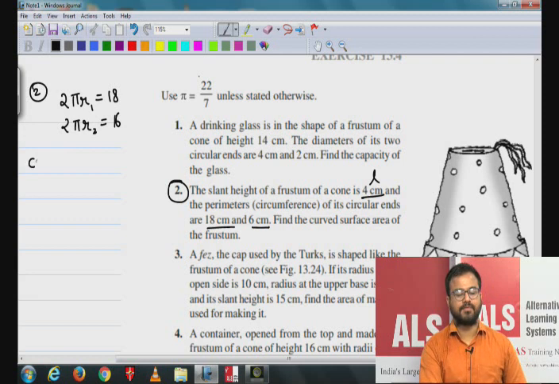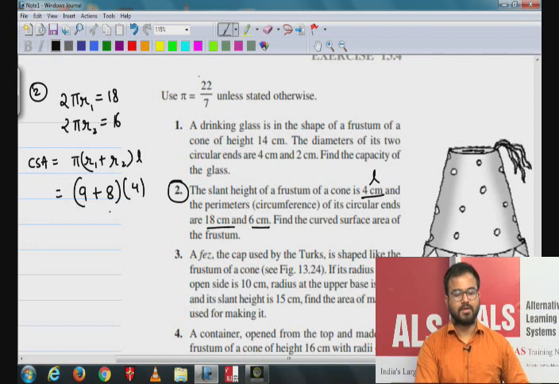Curved surface area of the frustum is given by pi (r1 plus r2) into L. So if we add both of them here, pi r1 will be 9. So it will be 9 plus 3 into 4.